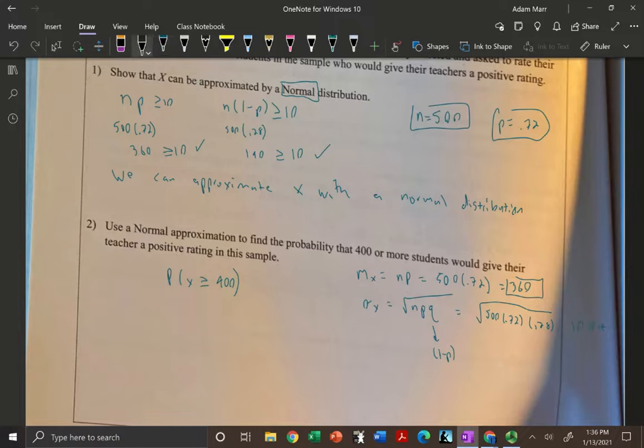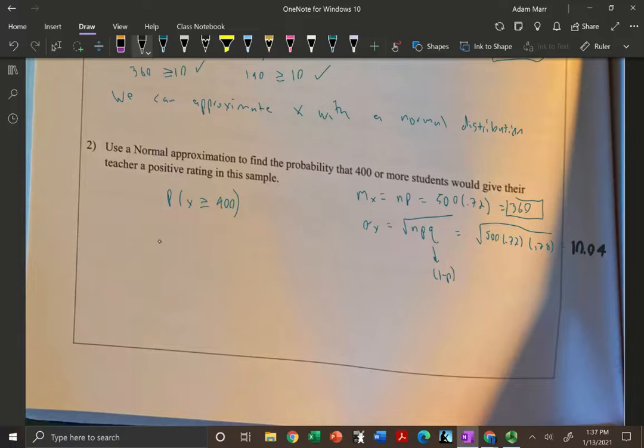Sorry if that's not dark enough. I'm going to rewrite that, 10.04. Okay, great. Now let's make a normal distribution curve. Our mean is at 360. The standard deviation is 10.04.